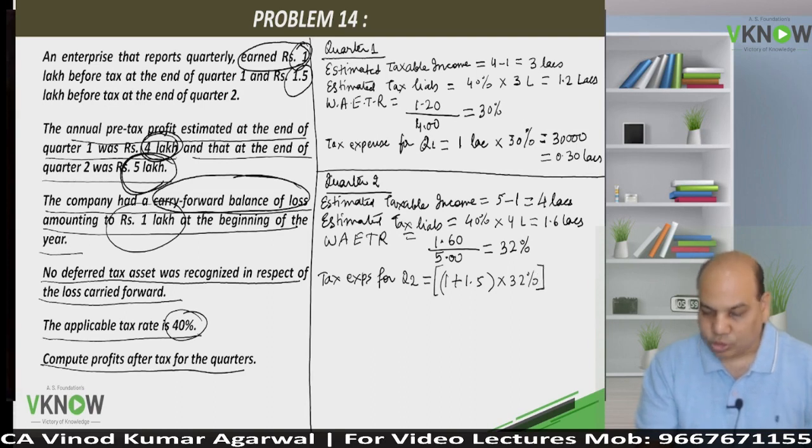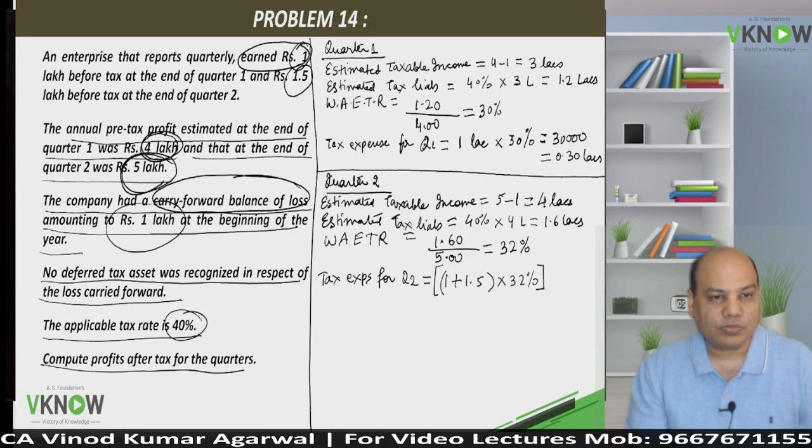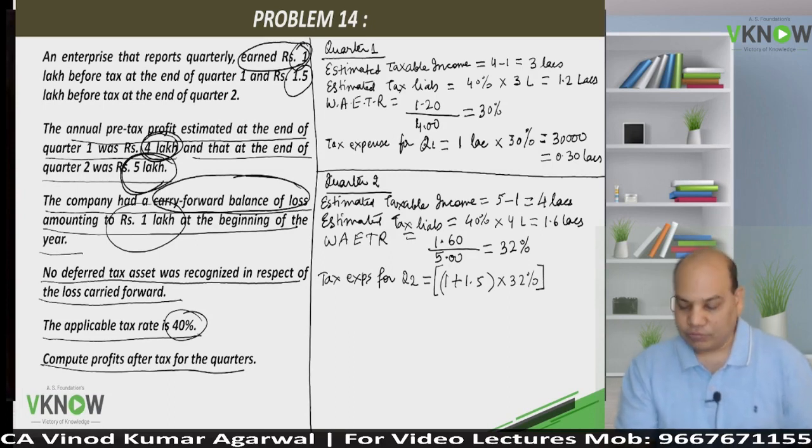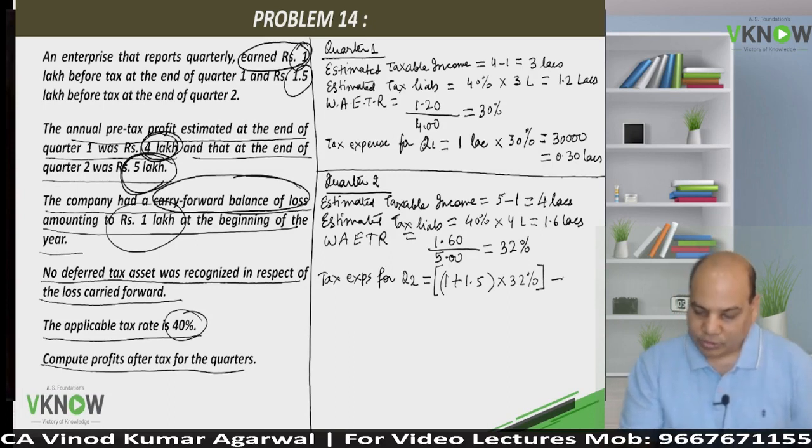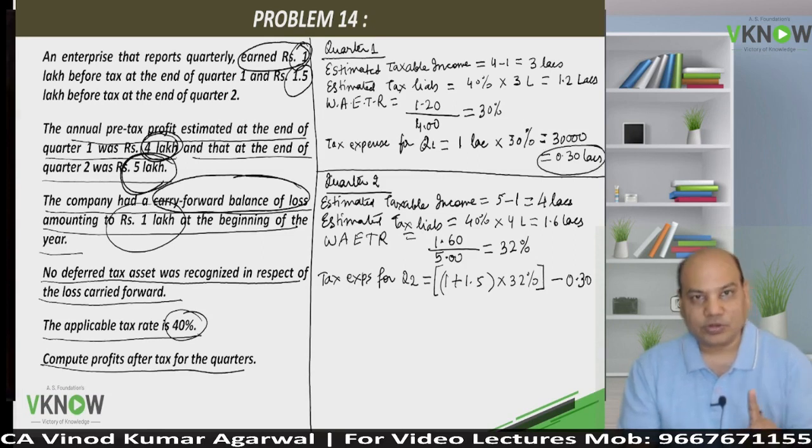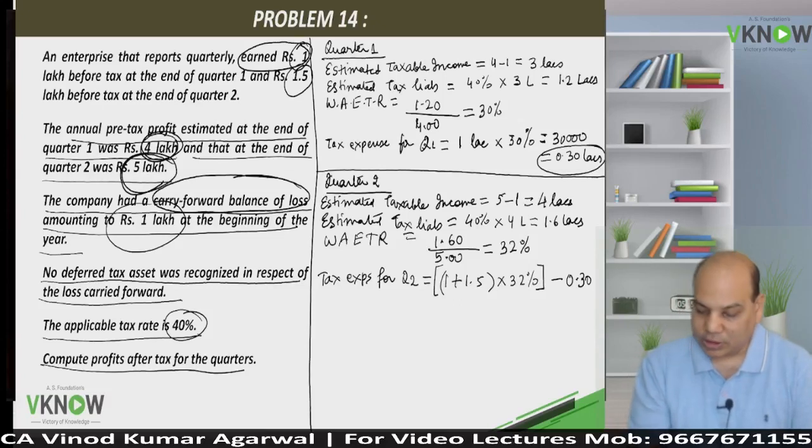This is my total tax liability of quarter 1 and quarter 2 minus tax expense already provided. This 0.30 lakh in the first quarter is already provided. So what you will do, deduct 0.30 lakh.